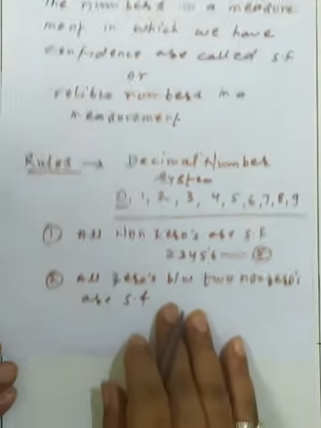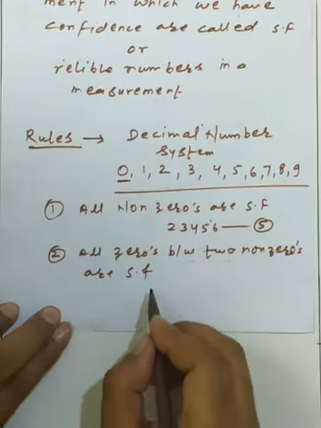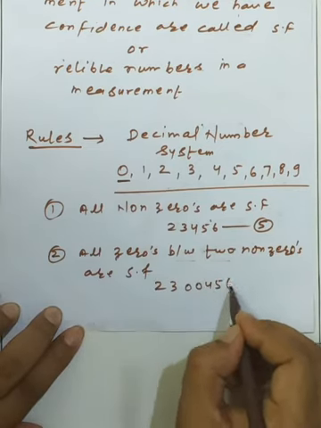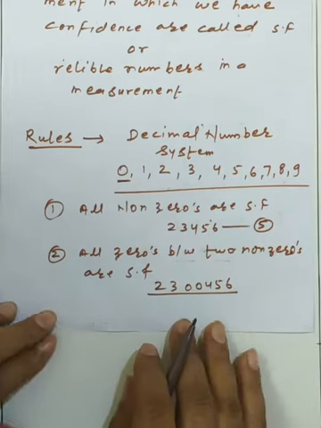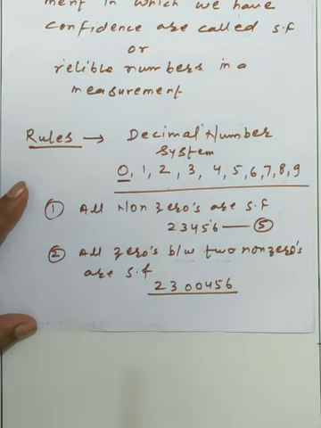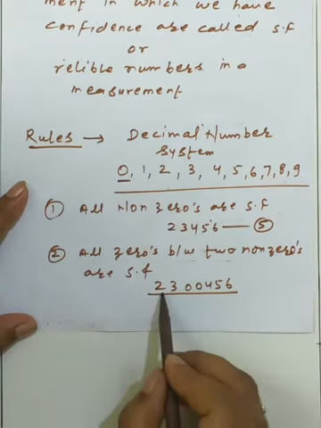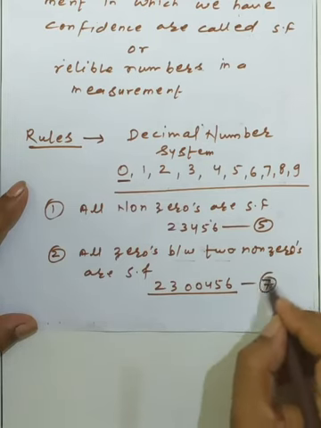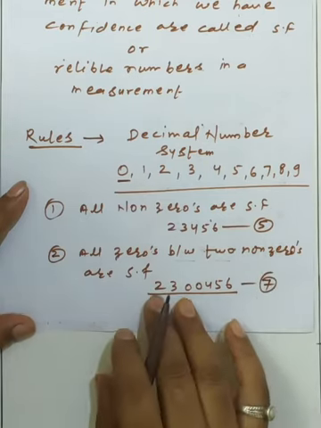How can we say that? Suppose we have the number 2300456, and someone asks what the number of SF is in the given measurement. We get 2 and 2, 4 and 3, 7. So the total number of SFs is 7 in this measurement.